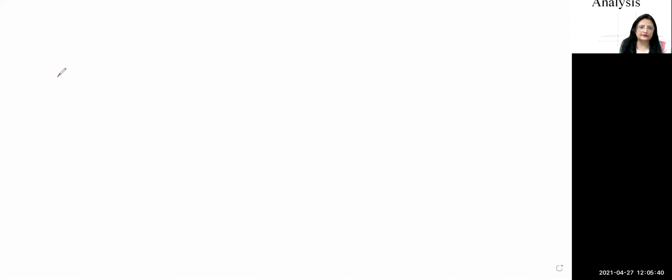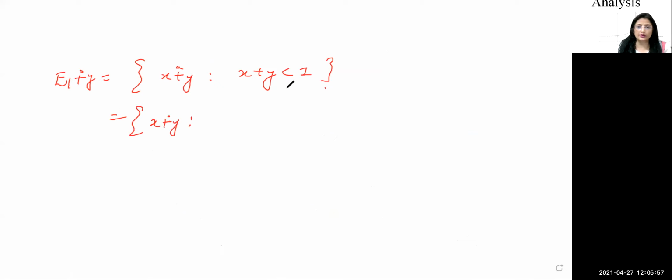तो यहां से आपका आ गया e1 plus y is equal to some modulo such that x plus y is less than 1, right? So this is, what is this, x plus y less than 1?